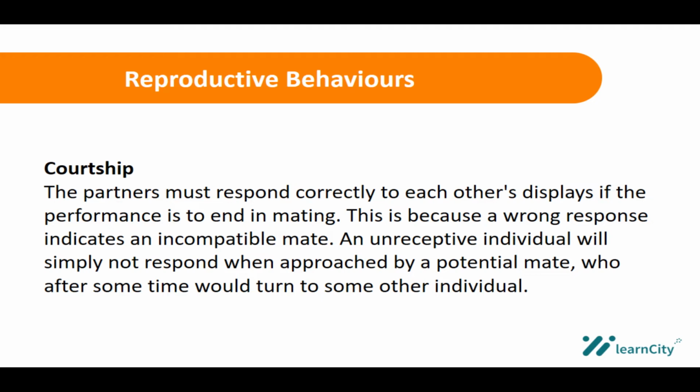So an unreceptive individual will not respond when approached by a potential mate. After some time, when this potential mate realizes that the organism it's approaching is unreceptive, it will turn to another individual to indicate this receptiveness.